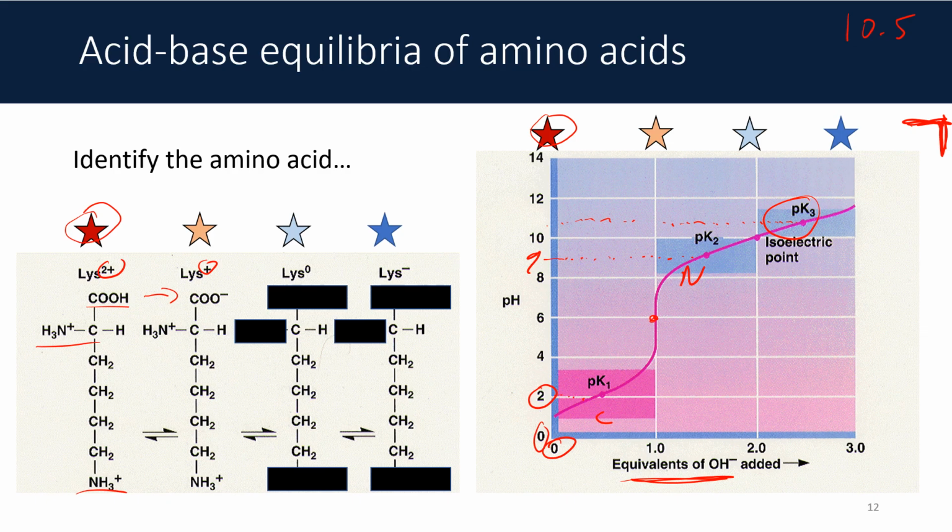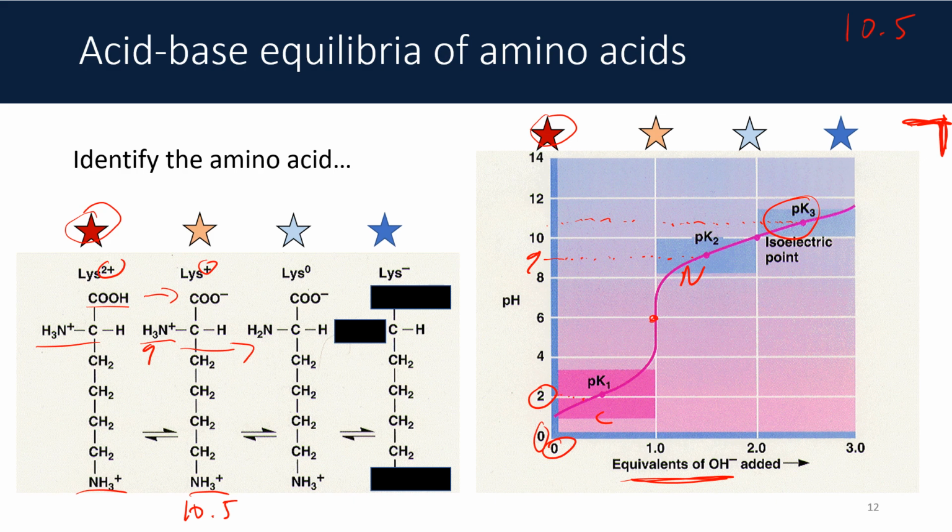Moving along the curve, the second most acidic group after the carboxyl will be between the N terminus and the amine on the side chain. This has a pKa of 9, this has a pKa of 10.5. So that means this is the next one to lose its proton.